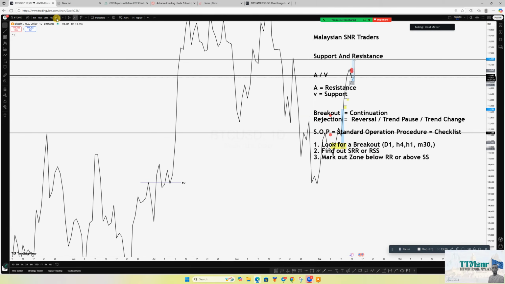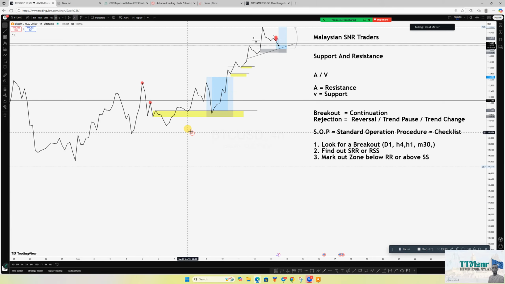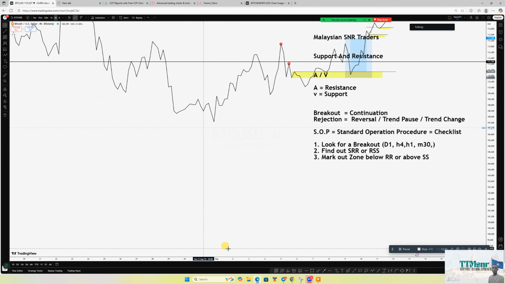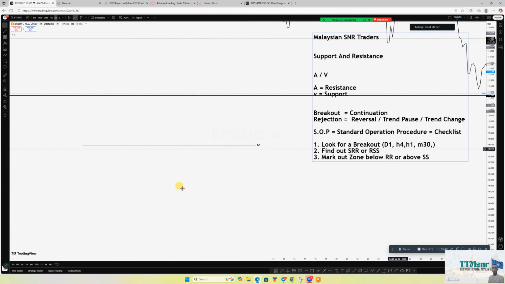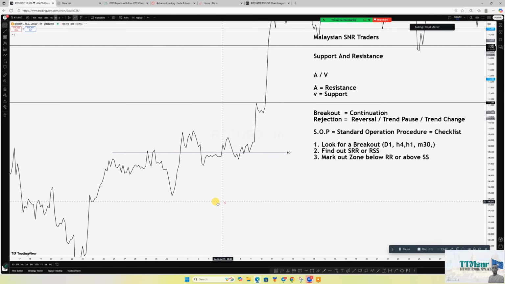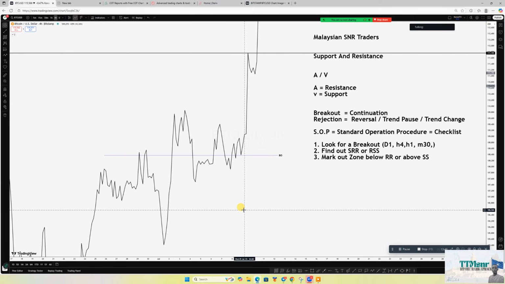Then I have to go 4 hour, check if there is a clear RR or SRR.